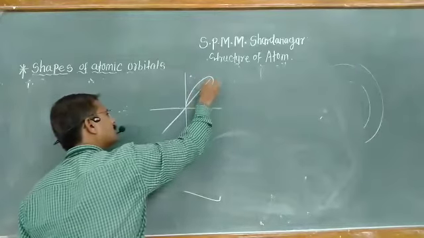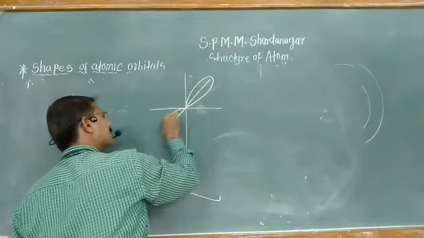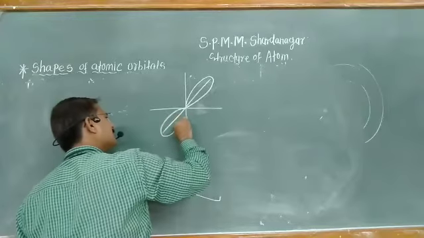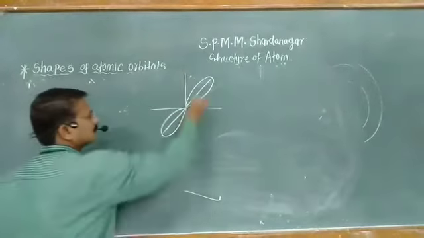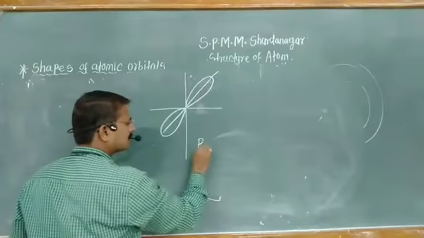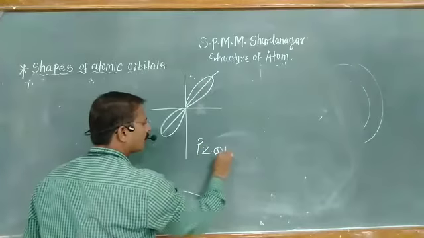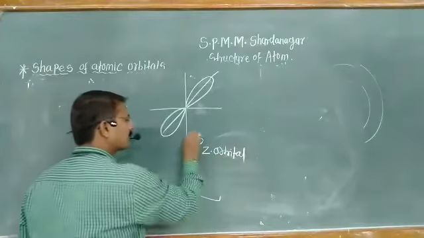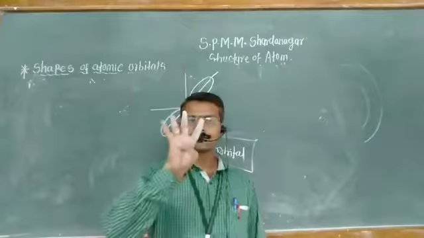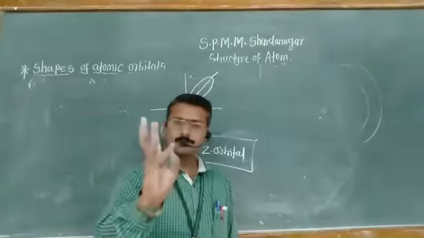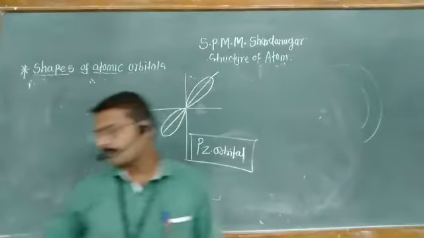This is the z-axis, and in this z-axis the p orbital is present. So this is called a pz orbital. So there are three orbitals: px, py and pz.